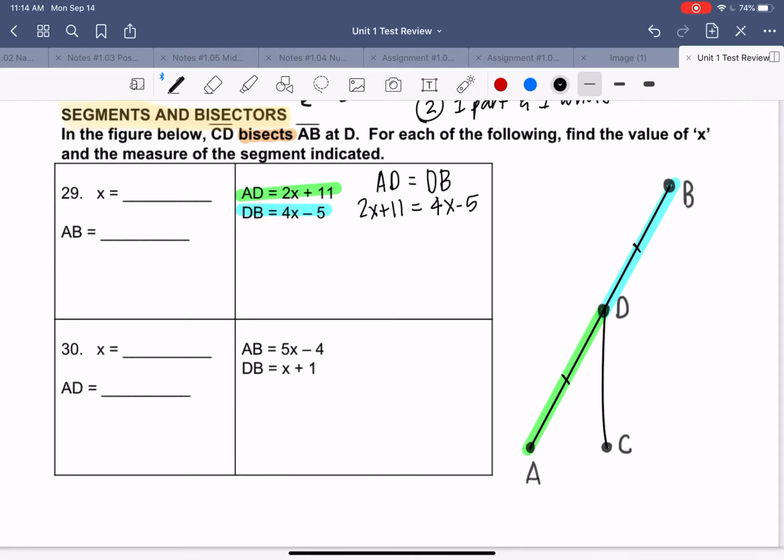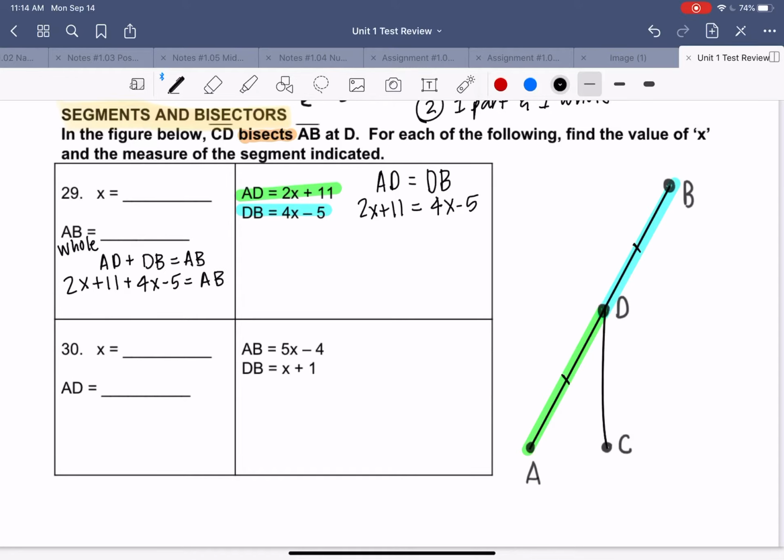Okay, and you solve for x, and you're going to plug it into AB. So AB is the whole segment. So you need to plug it into both and then add them together because AD plus DB equals AB.